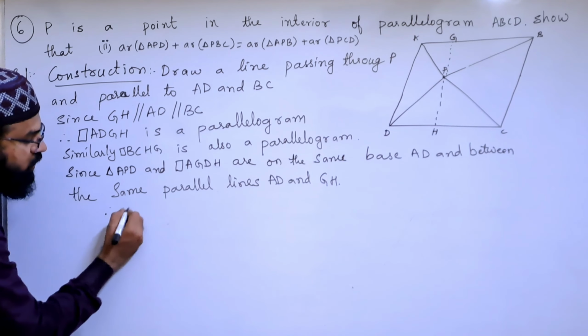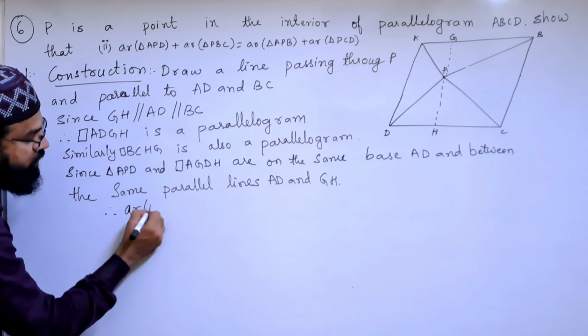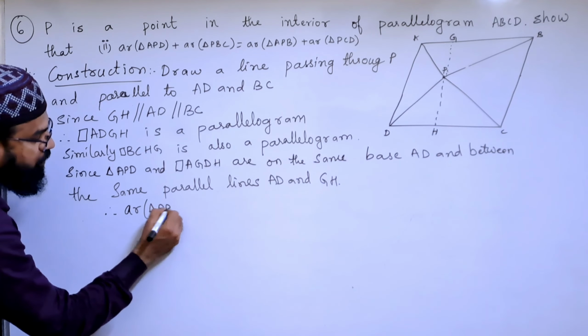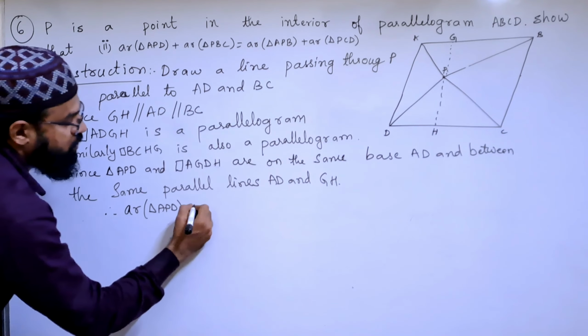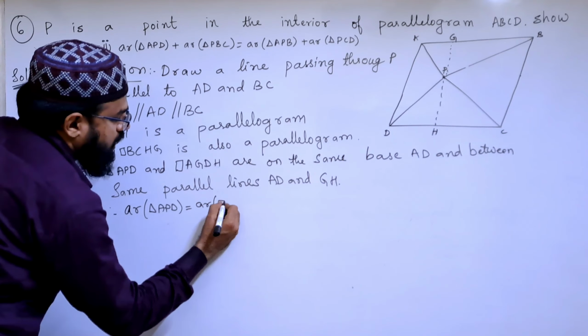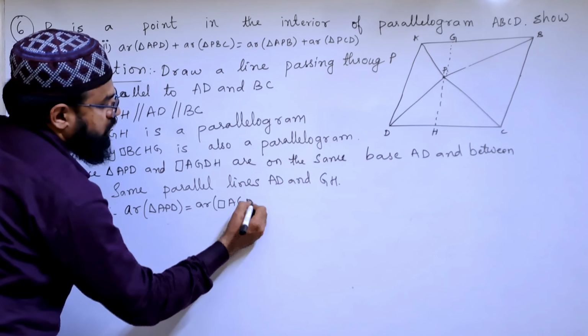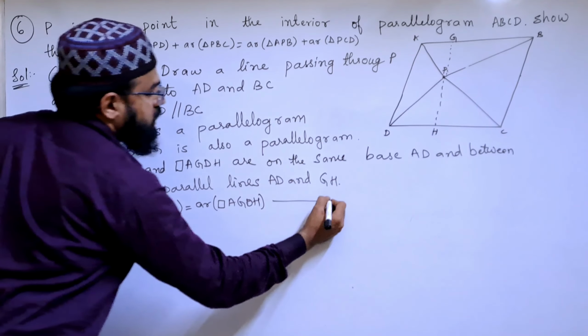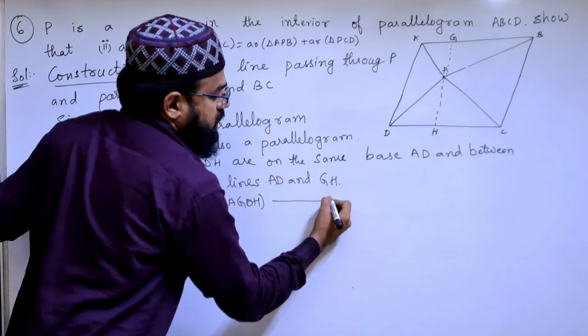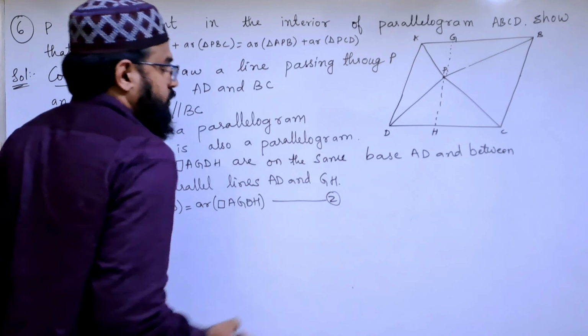So therefore, area of the triangle APD is half the area of the quadrilateral AGDH. This is our third equation.